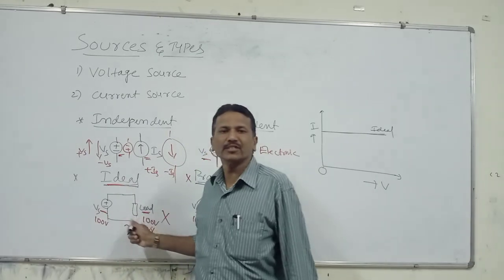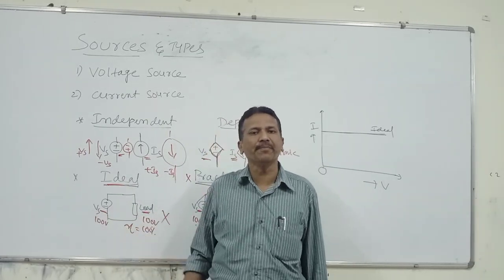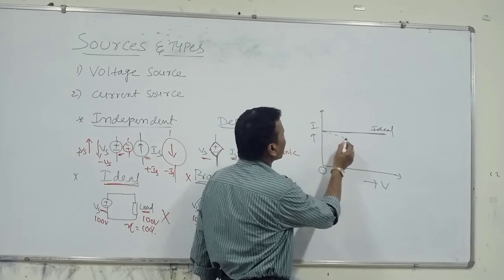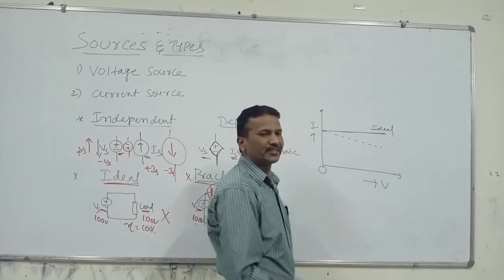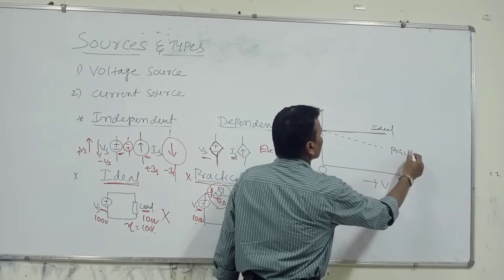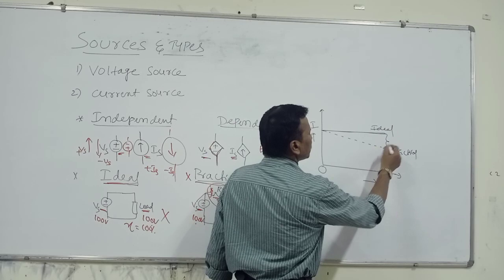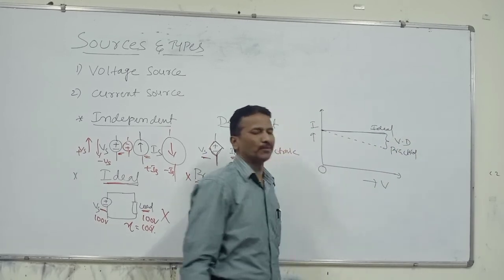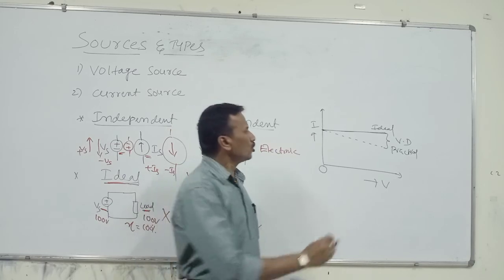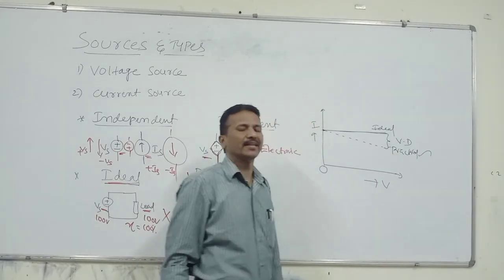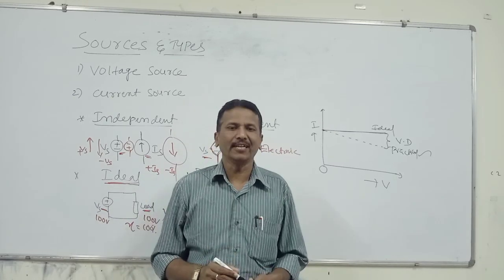How? Same, from starting to ending the points are the same. But coming to practical, there is some change in the system. What is the change? Nothing but your voltage drops. So 90% will depend upon the practical, irrespective of the ideal.